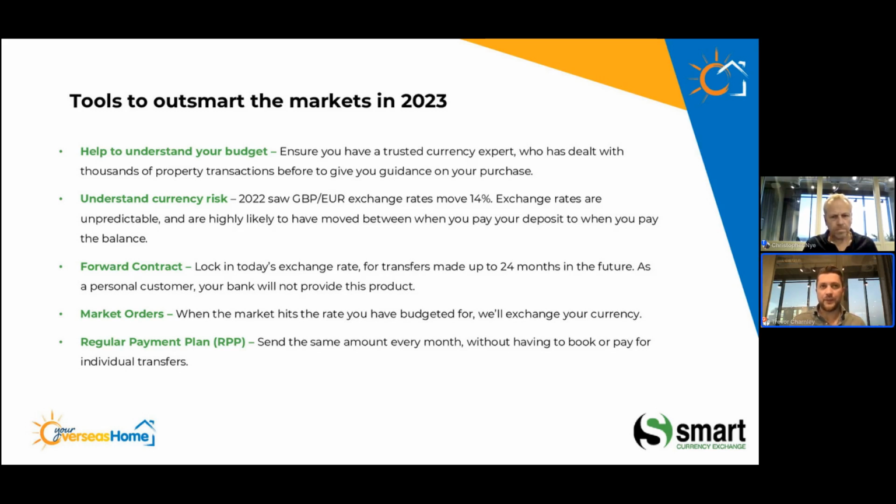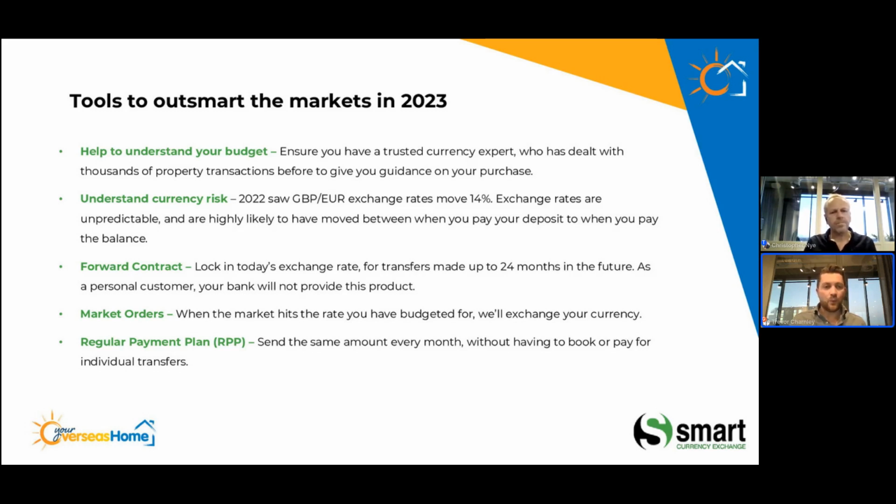So for example, if I was expecting my property purchase to last 6 months, on day one, I place my offer, have my offer accepted, and send my deposit across to secure the property. At that point, I can agree my forward contract at today's exchange rate with my currency broker.